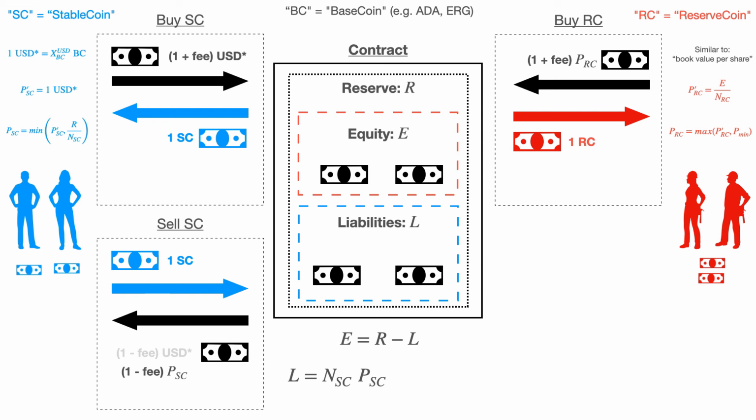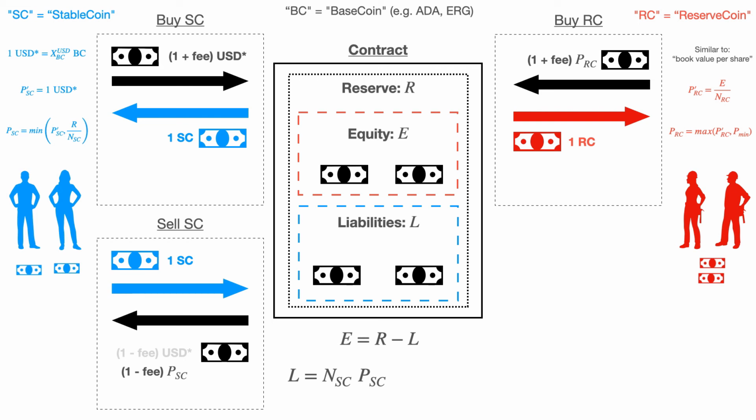Now, because the equity may go down to close to zero, if we just charge the book value per share for reserve coins, we could end up selling reserve coins for a price that is too close to zero. To avoid that, we have a minimum price for reserve coins.